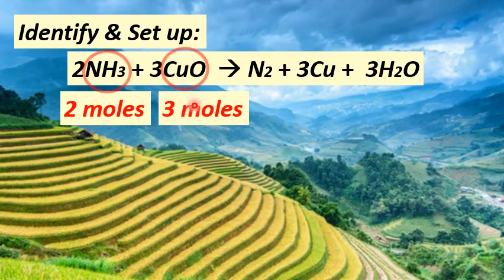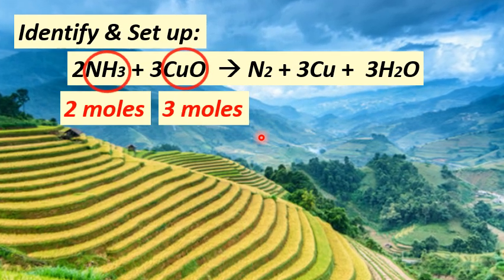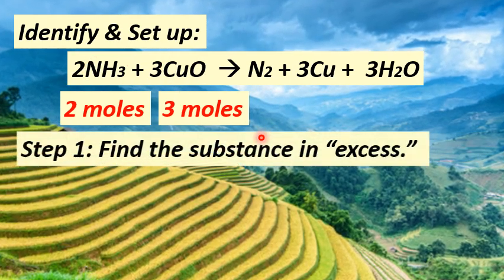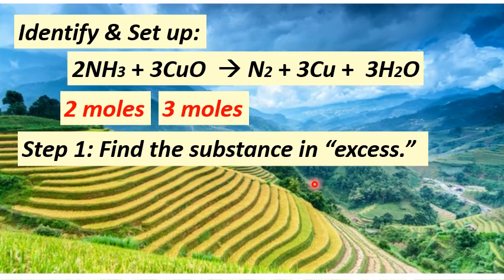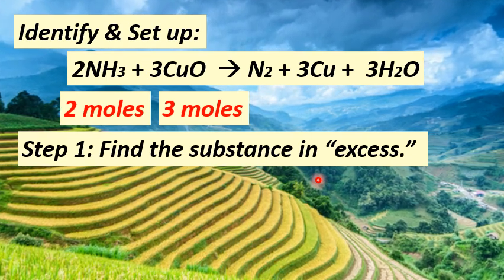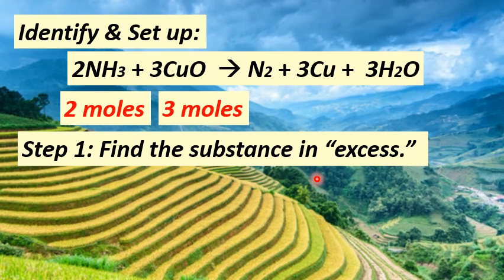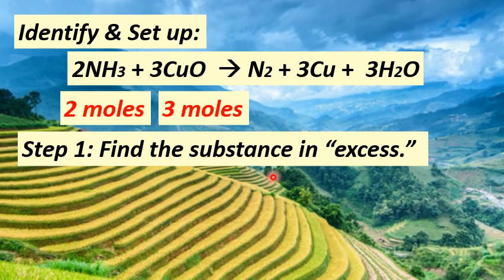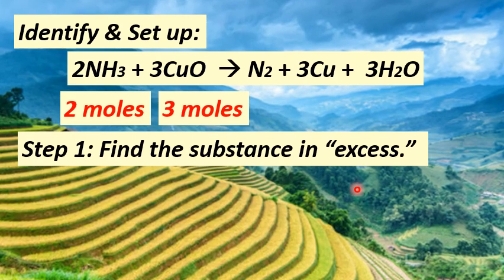Step 1 in our solution is to find the substance in excess. Between ammonia and cupric oxide, we have to identify which substance is in excess.